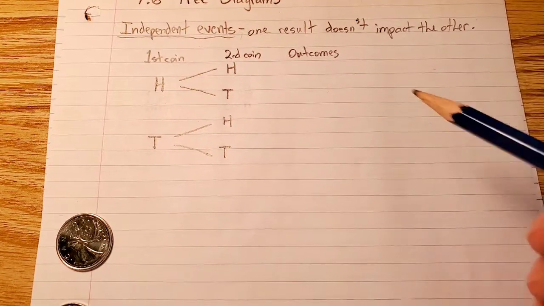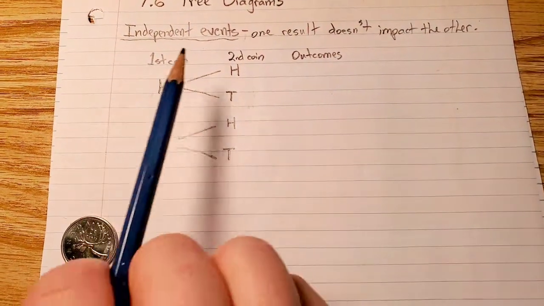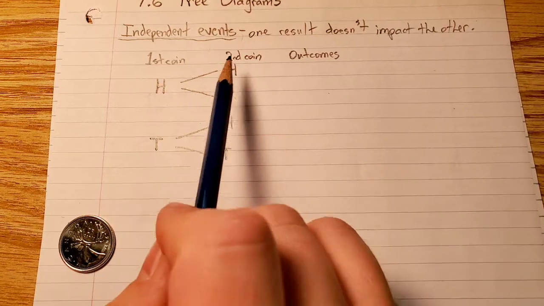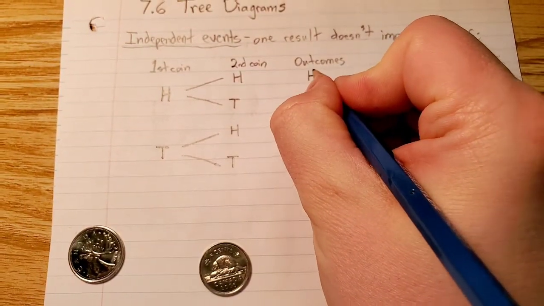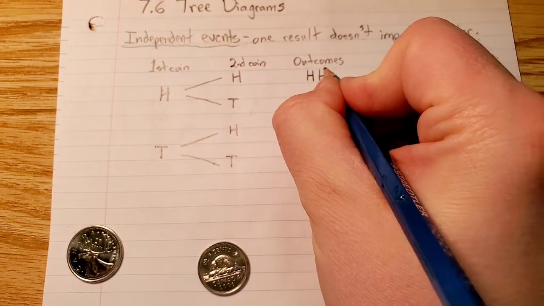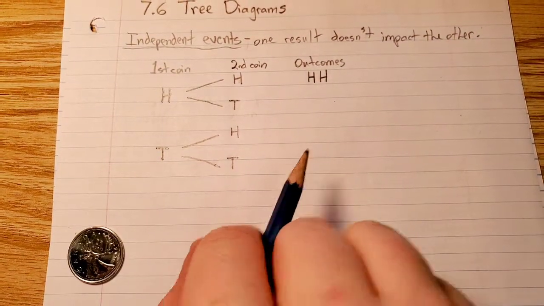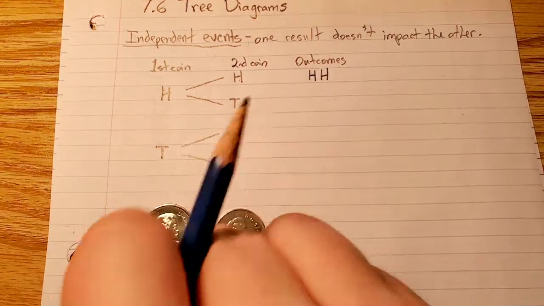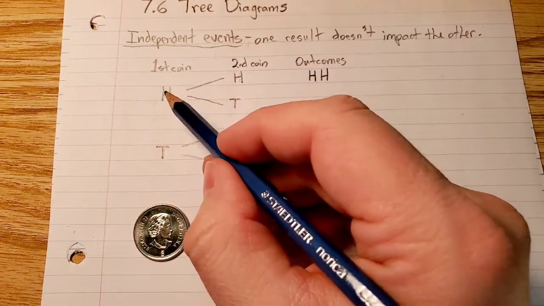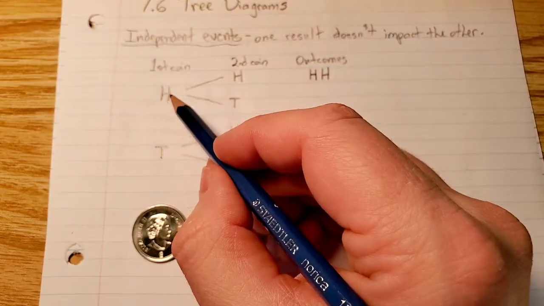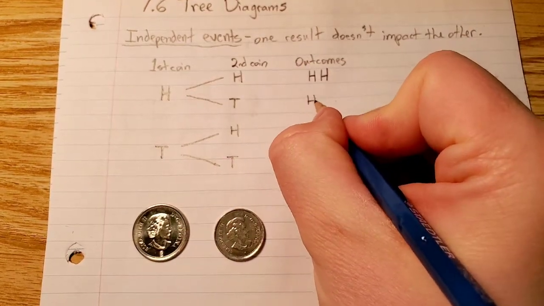So then we need to summarize the outcomes. The first coin could be heads, and the second coin heads again. So in that case, there would be heads and then heads, right? That would be the outcome. Both would be heads. So there's this one time here that both would be heads. Then our next line would be heads and then tails.